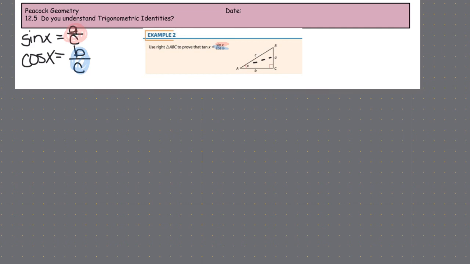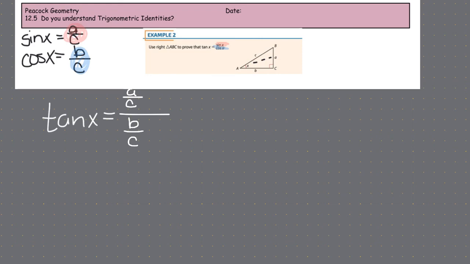And what I mean by that, watch right here. I want you to write that the tangent of x is equal to the sine of x. So instead of writing sine of x, I'm going to write a over c, and then instead of writing cosine of x, I'm going to write b over c. So now let's please remember back into the olden days of fractions.